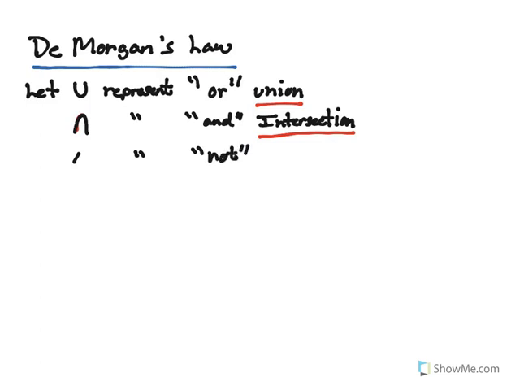So again, one way to represent De Morgan's law: let's say E is one set and F is another set, and we want to find the union.